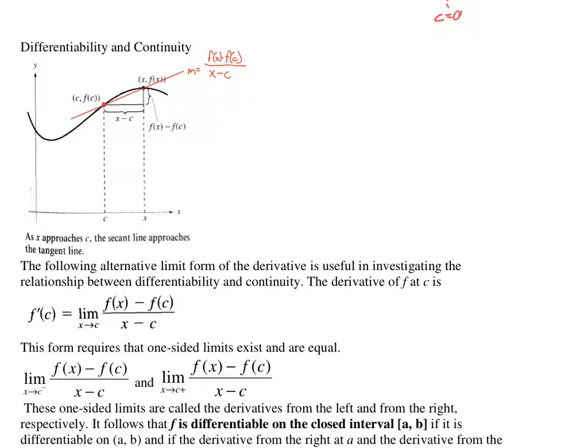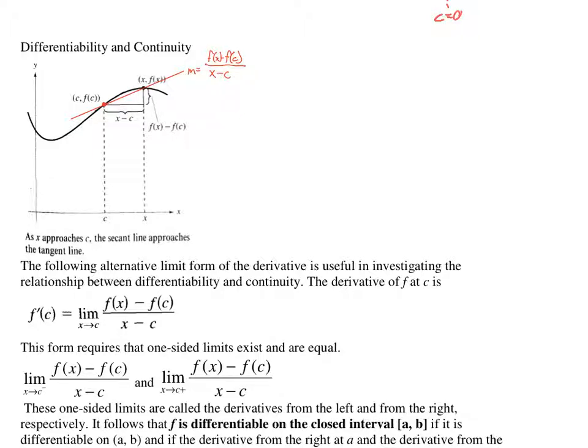Differentiability and continuity. If I were finding the slope of this secant line, I'd use this slope definition that we've been using. There is an alternative limit form of the derivative. And notice here, instead of using delta x approaching 0, we're having x approach c.